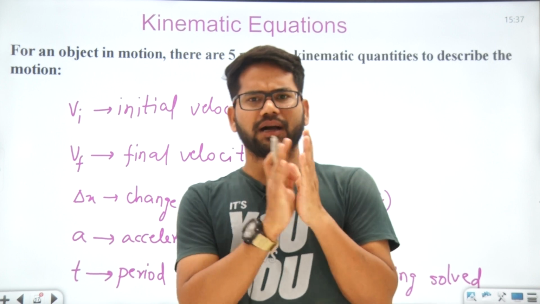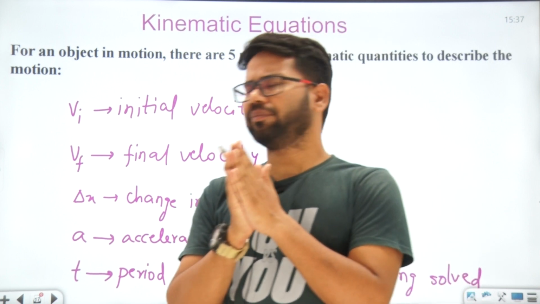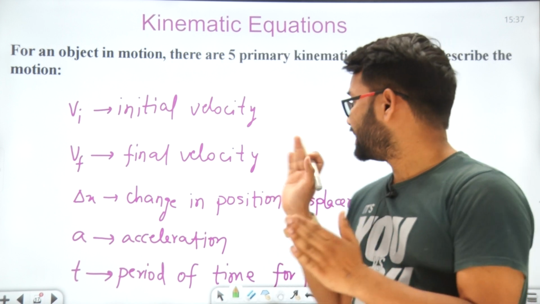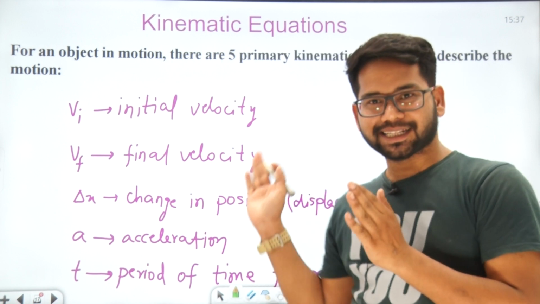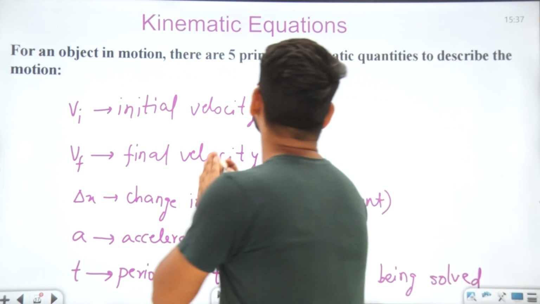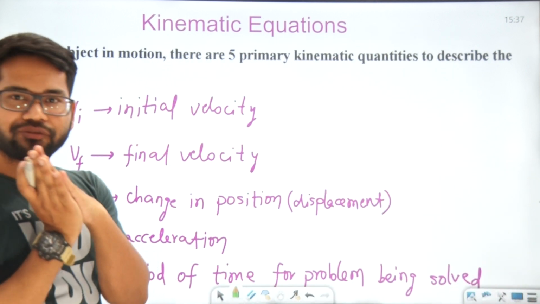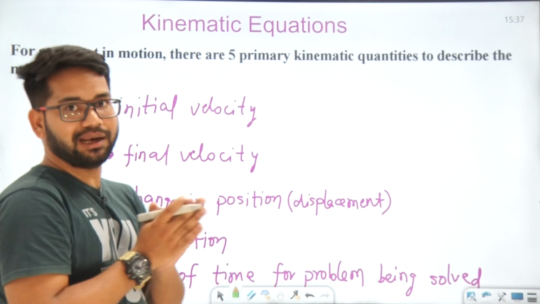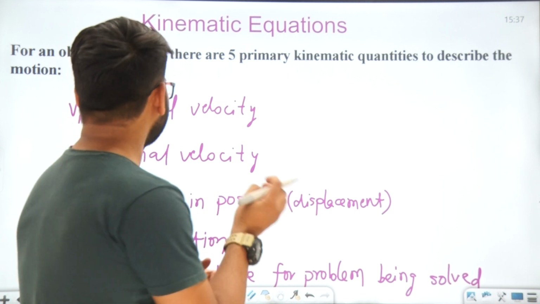When we are considering a motion, there will be some initial velocity, final velocity, change in position, acceleration, some time period, right? So we have 5 kinematic equations which can help us to analyze the situation.